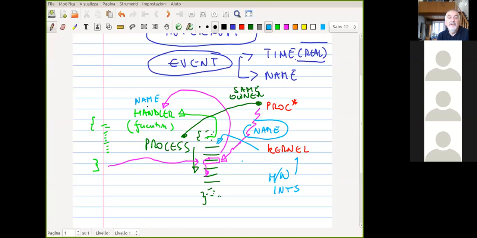So the possibility of executing tens of different handlers. So you must match a signal to a specific handler, and the matching is on the name of the signal. You will see how to specify them. It's not the name of the handler, not the name of the function, but the function is declared as matched to a certain name.